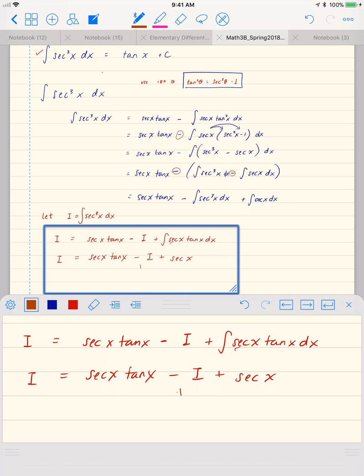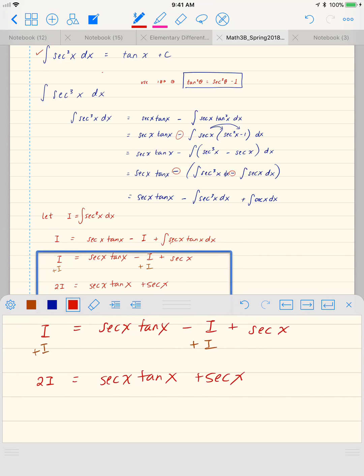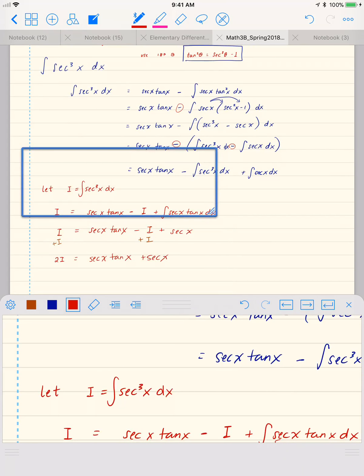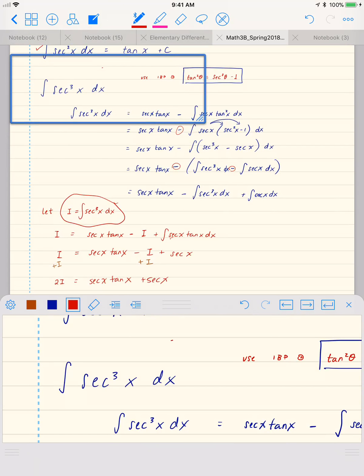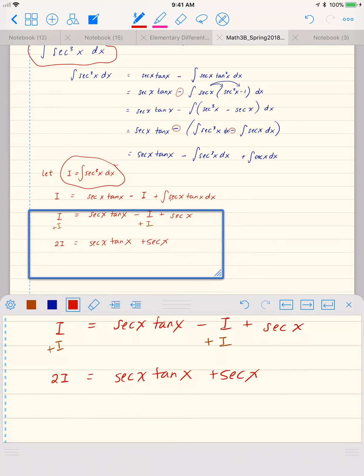Now I'm going to add I to both sides. On the left hand side I'm going to have 2I, and on the right hand side I'll just have secant x tan x plus secant x. My goal is to figure out I, so that's what the problem started off with. Now I just divide both sides by 2.